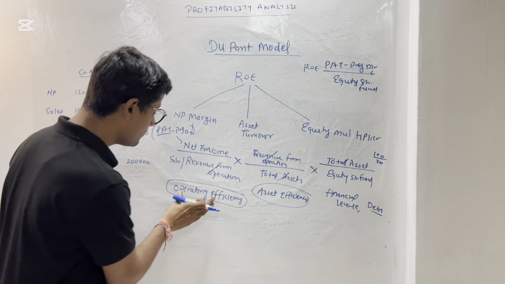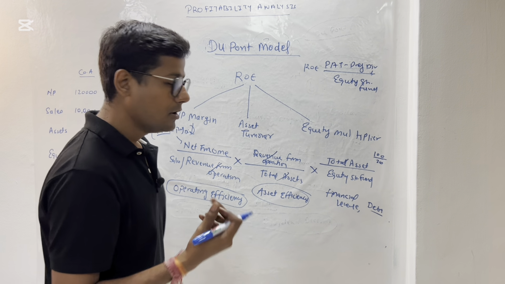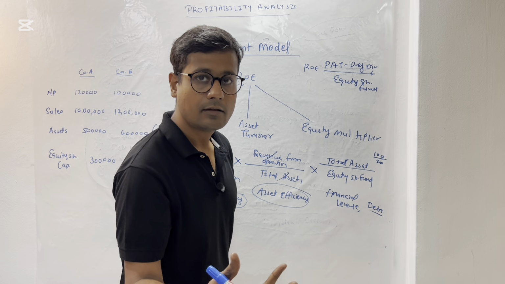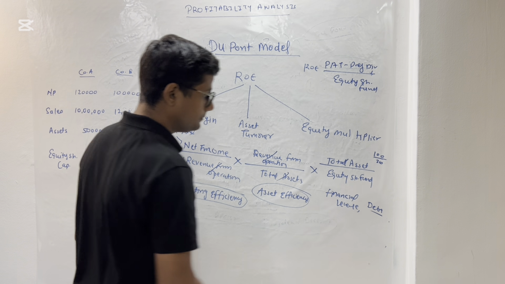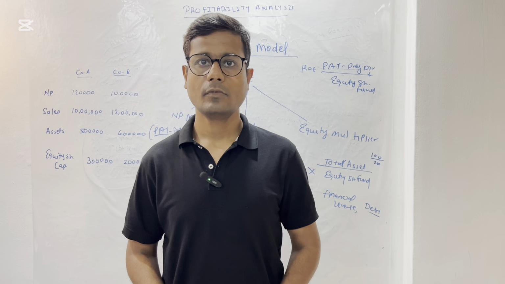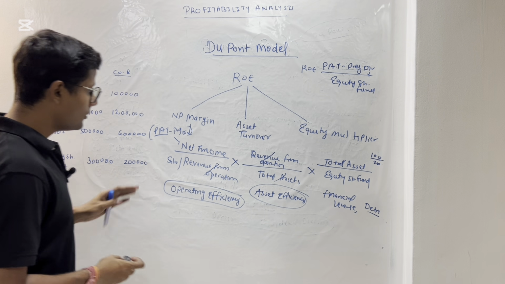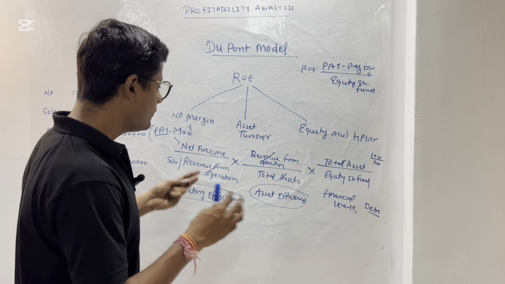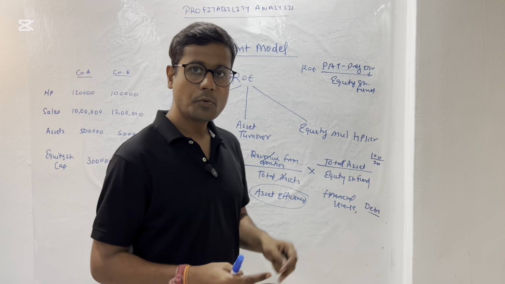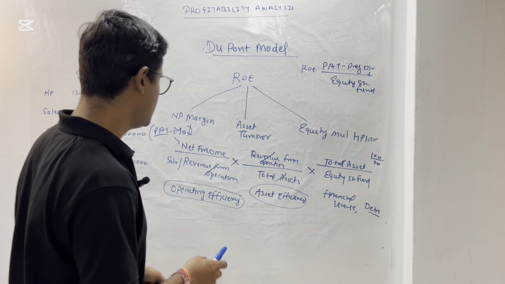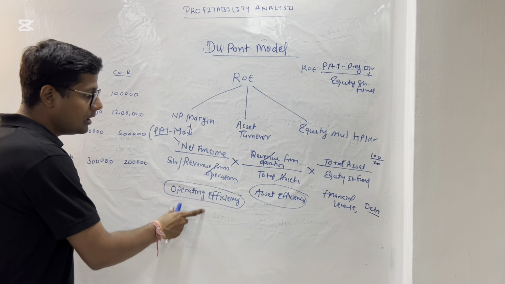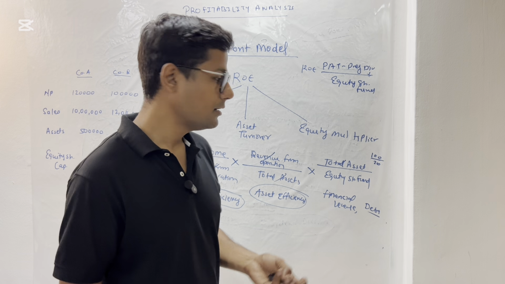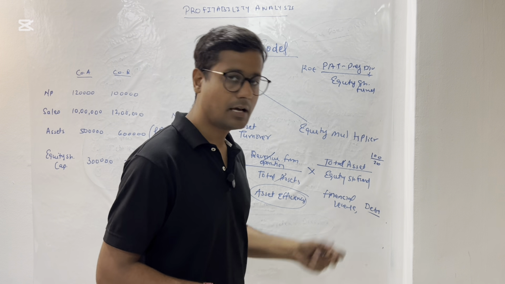Is it because the company is operating very well, or is it just that the company is utilizing more debt? So this DuPont model helps us dissect the return on equity, so that we can analyze why ROE is more. Is it because the company is operating very well, or just because of financial leverage, with the company utilizing more debt to increase the ROE?